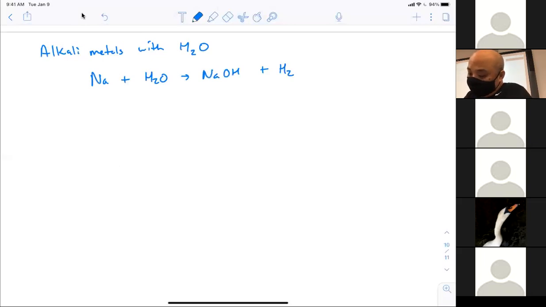And when you put sodium or potassium in water, it'll start to ignite. The hydrogen gas will actually ignite. It's so exothermic, you'll see a little fire above the actual metal.